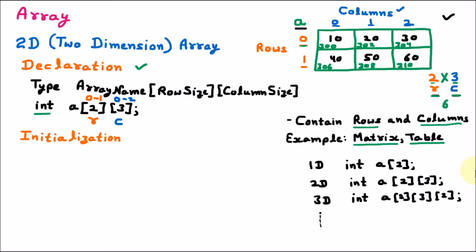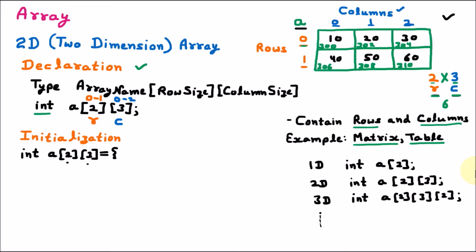So the first example I am taking here, let us suppose that I am saying int a, and in the brackets I am saying 2, then 3. So this is called declaration. It means we have declared the array in memory. Then afterward we are going to provide the initialization. So I am saying equal to, and I am providing the brackets. We know that 2 into 3 is 6, so 6 elements can be there.